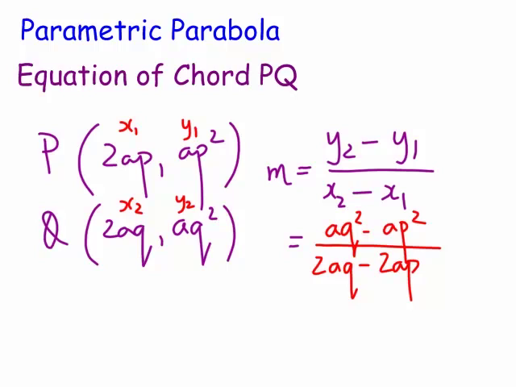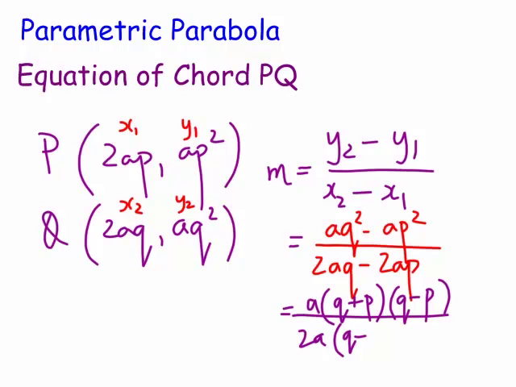How are we going to simplify it? The first thing is that the top is a difference of two squares, so we get a(q plus p)(q minus p), and on the bottom we get 2a(q minus p).